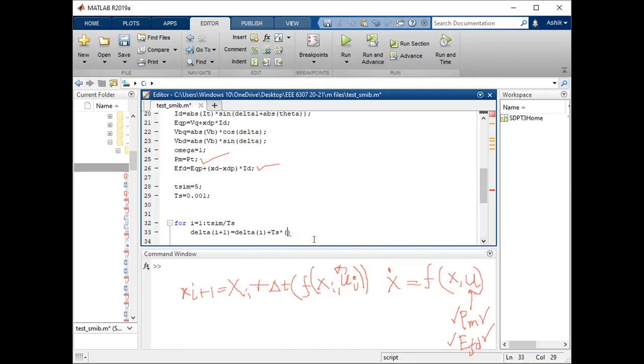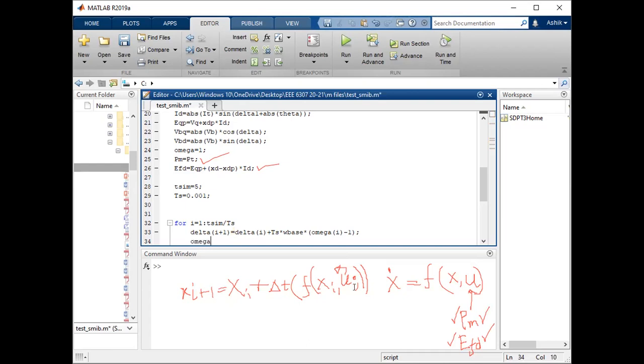Delta dot was omega base multiplied by omega. And on this side, we have to write it like a function of xi and ui. So it should be omega I, because omega is a variable, minus 1. And the bracket is okay. So that's it. First equation is done.